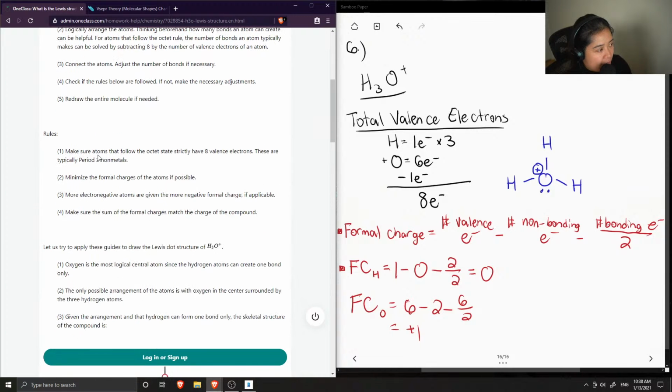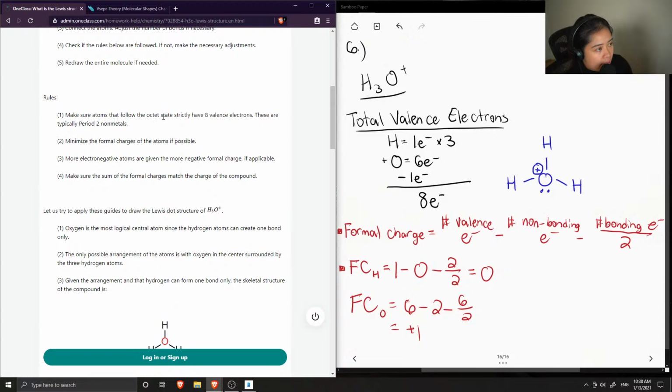And there are also some rules that we need to follow. Make sure atoms that follow the octet rule strictly have 8 valence electrons. These are typically period 2 nonmetals. We can have some cases where the atom doesn't follow the octet rule, for example boron or beryllium, where they can have empty orbitals and still be stable.